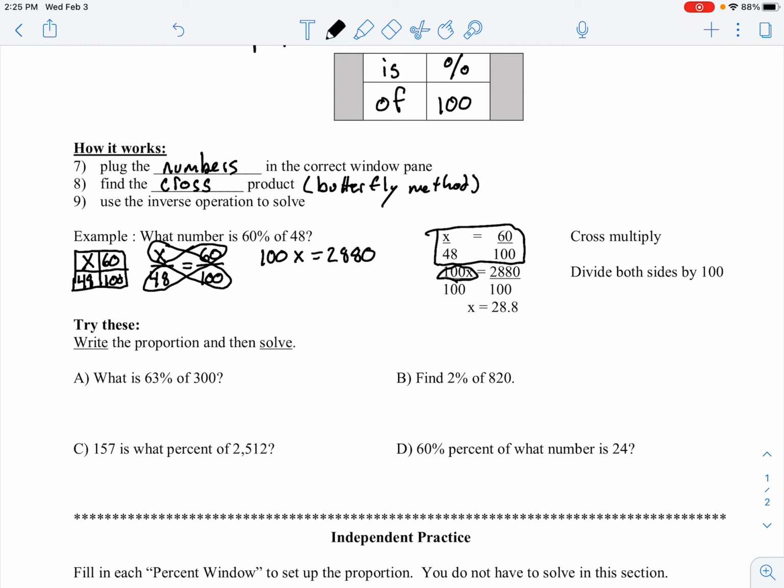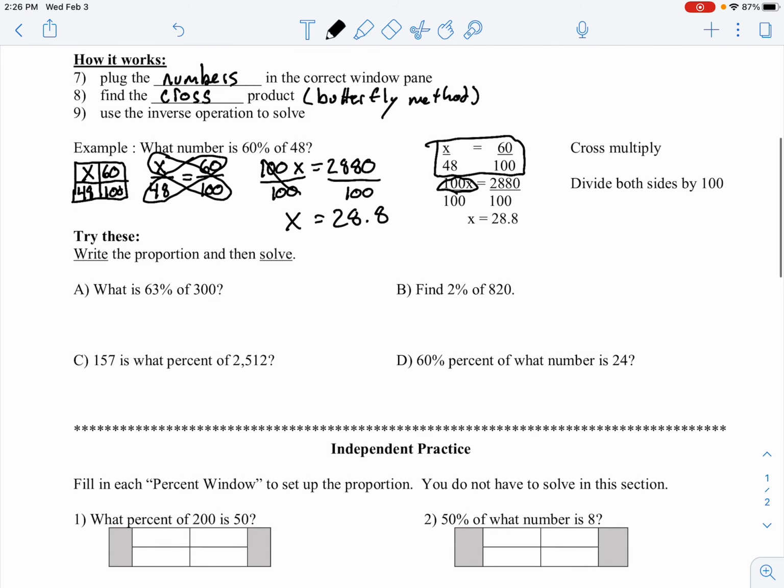So we've got our one-step equation, and just like they continue to do here, we will divide this by 100, divide that by 100, and just like they got, x is equal to 28.8. So 60% of 48 is 28.8. So pretty easy here. We're going to do these next examples together so you can get a good idea for your independent practice.